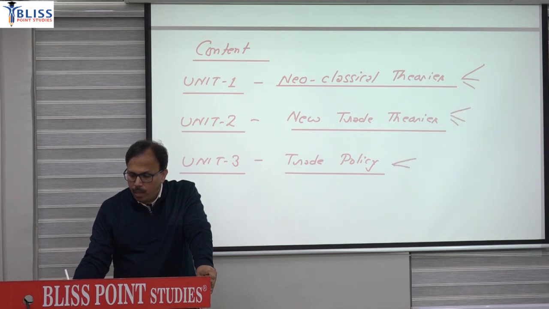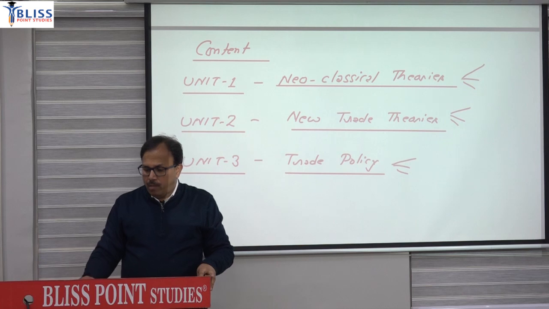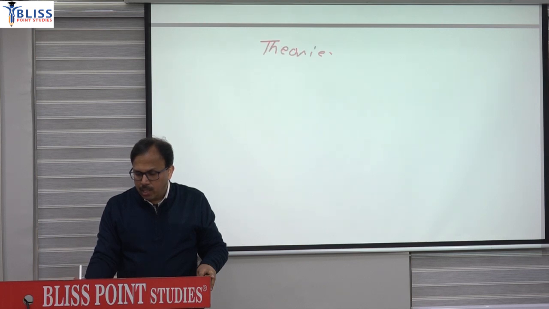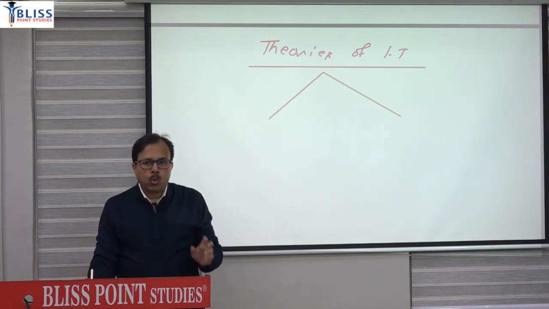Clear? Now the first part is that when we explain the new trade theories, international trade is all about, in this subject you are studying, the theories of international trade, which is broadly divided into two parts. One, old theories. Those old theories are called neoclassical.